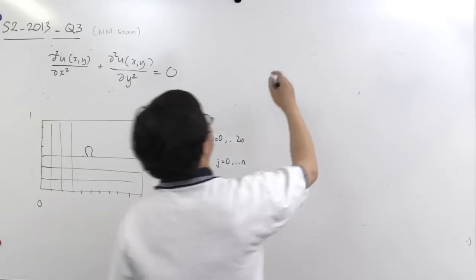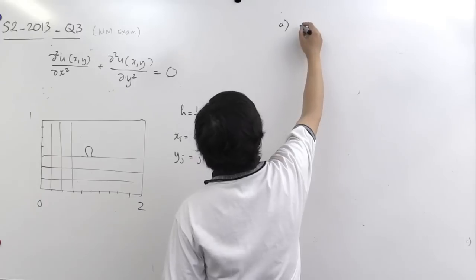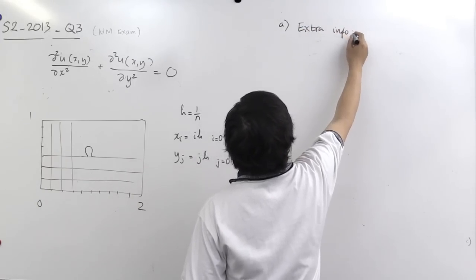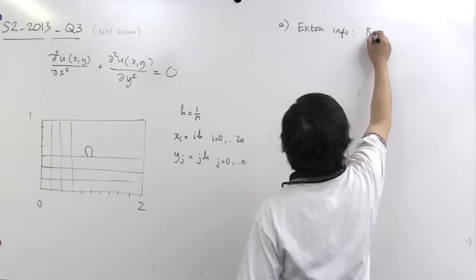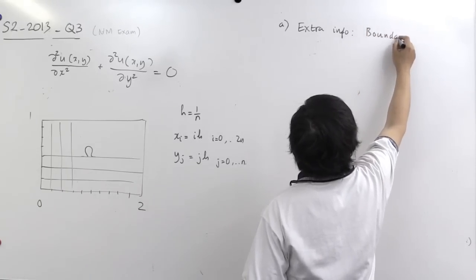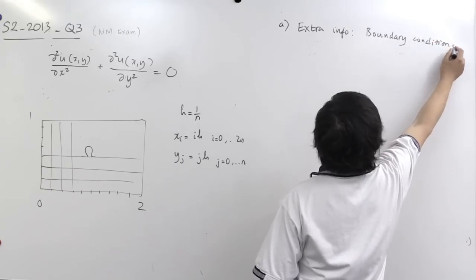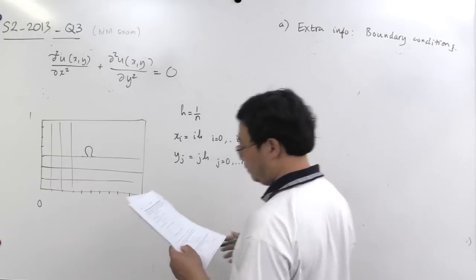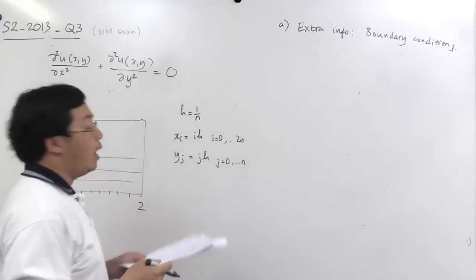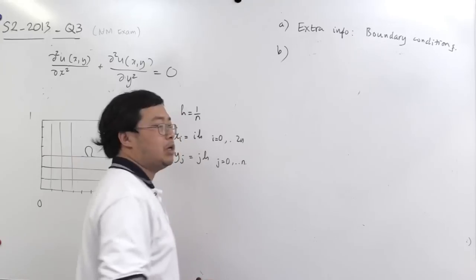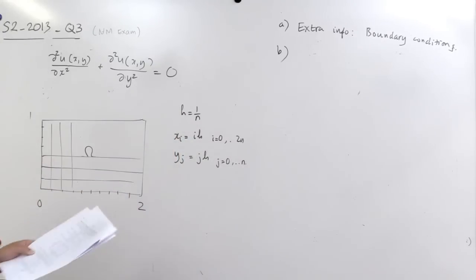And again, what is the extra information you need? So here we need the boundary condition. And now we need to come up with the discretization of the PDE.